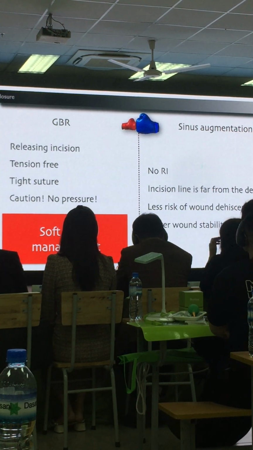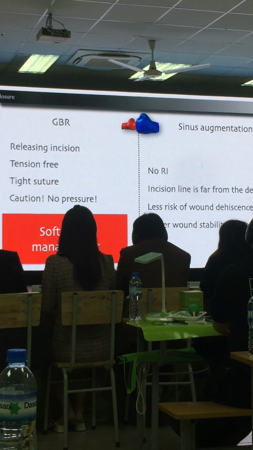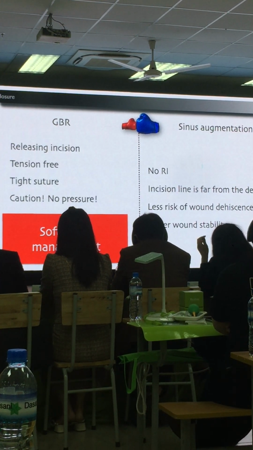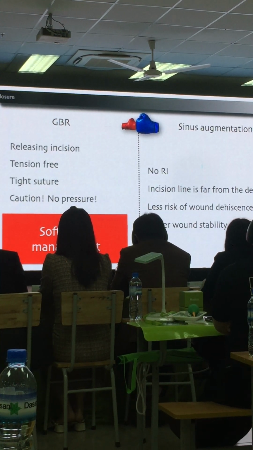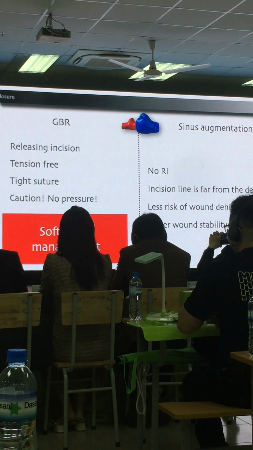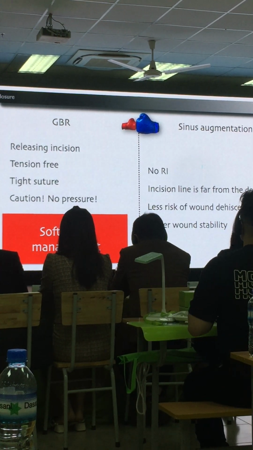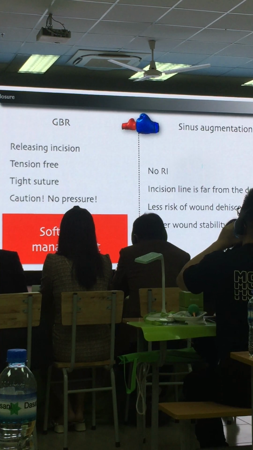In terms of wound closure, there are differences between the 2 procedures. Because of the external volume increase in the GBR procedure, the overlying flap should be extended. For tension-free closure, vertical incision and periosteal releasing incision should be made with special caution.